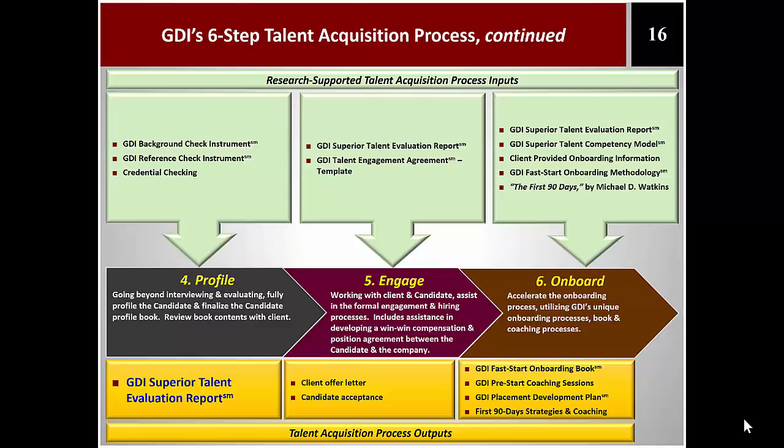Irrespective of all of that, we will contact you prior to your start date, and we will go over everything we learned about you in the evaluation process. We will give you all of the presentation material that we gave to the client relative to you, not the other candidates, just you.